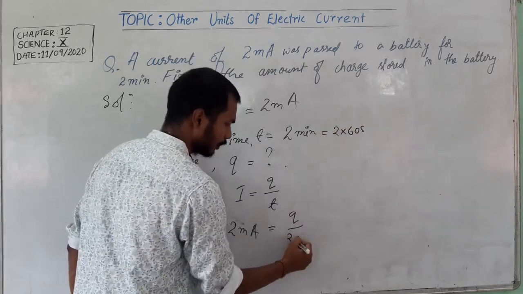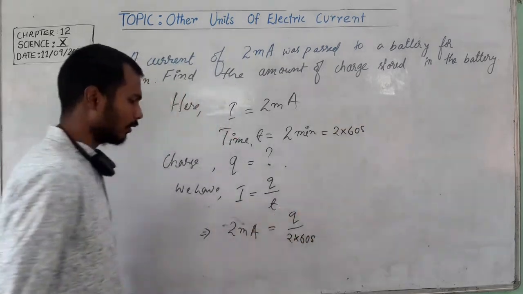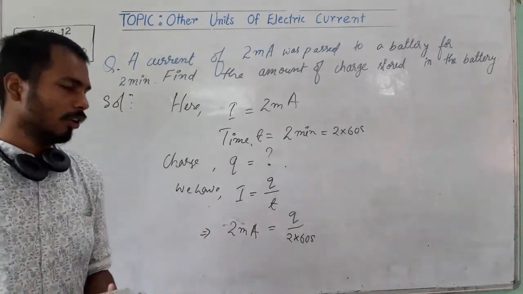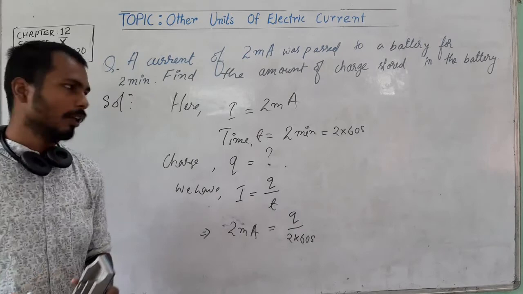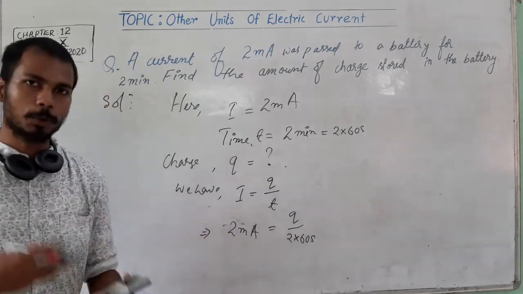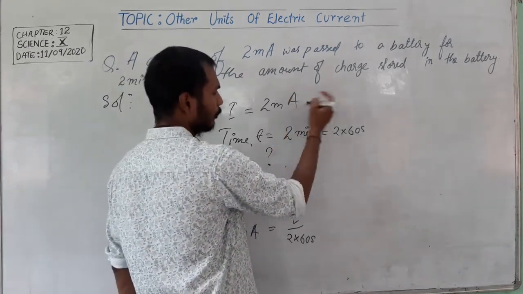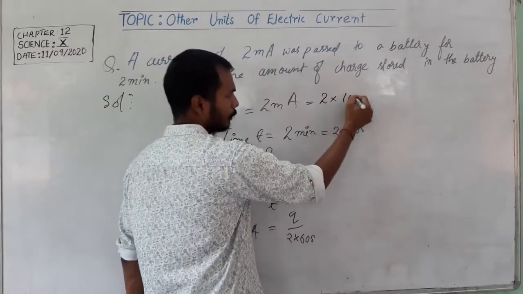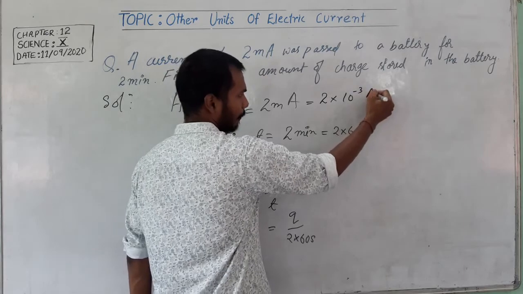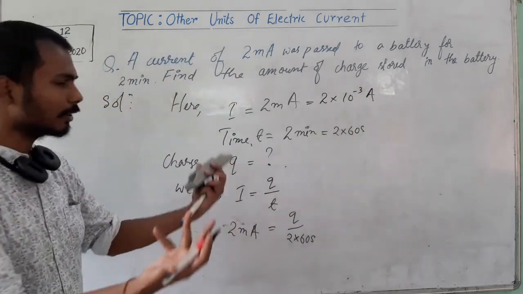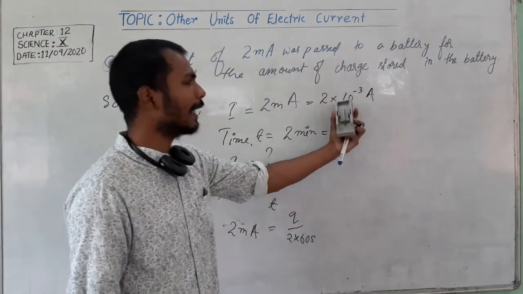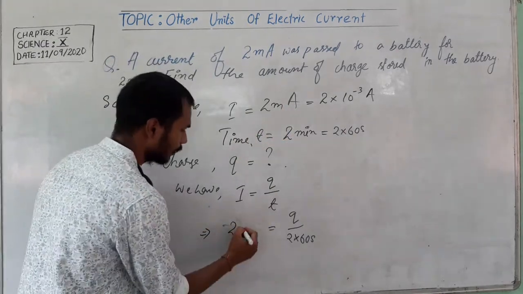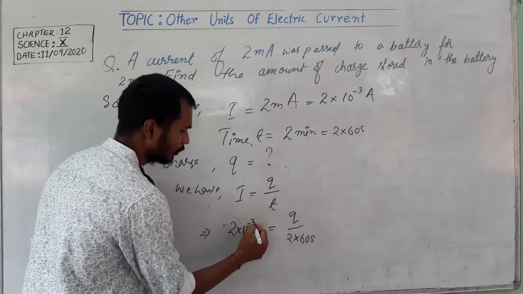Now this 2 milliampere is also not in SI unit, so you have to convert it into SI unit. Hence 2 milliampere is equal to 2 into 10 to the power minus 3 ampere, since milli is 10 to the power minus 3. Now it is in ampere, there is no milli term, so it is in SI unit.